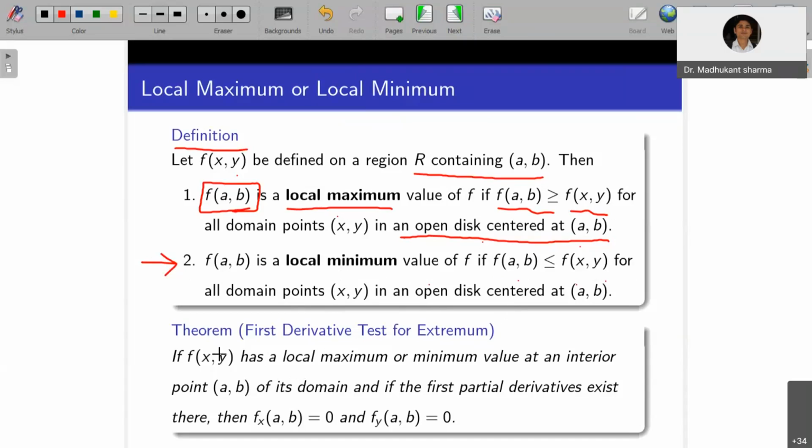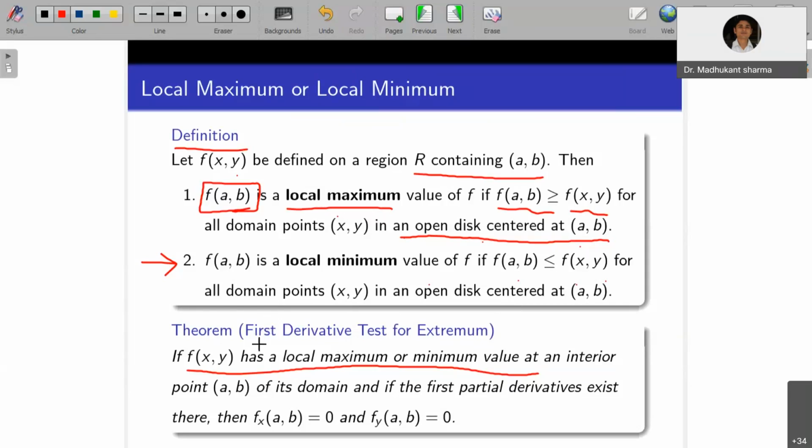When a function attains a maximum or minimum locally, we say it has a local extremum. Later on we will check whether it is a maximum or minimum.